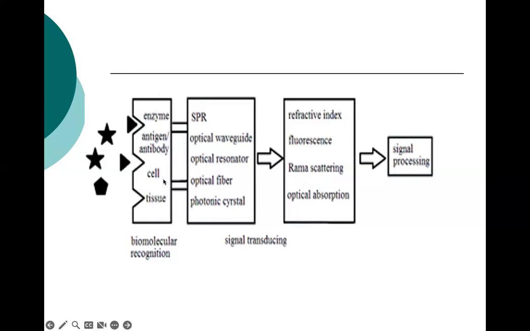So these are the things, but I'm not going to discuss in detail all the different techniques of optics because not all is in my expertise.